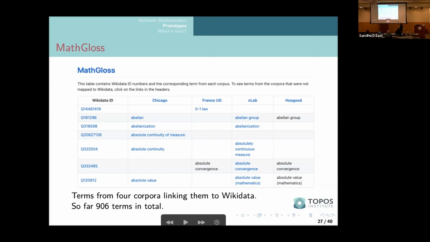Then we have the NLab, because we like the NLab. And then we have Tim's multilingual dictionary. And the idea here is that these things are only examples of different resources, right? We can think of substituting each one of these columns for different sorts of math resources.